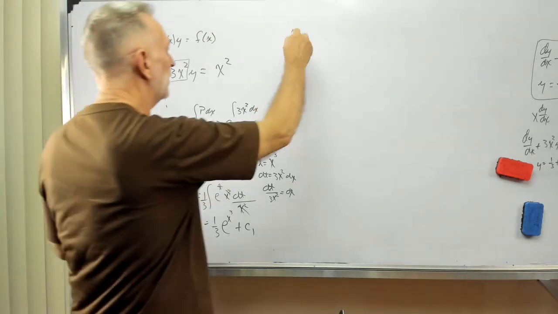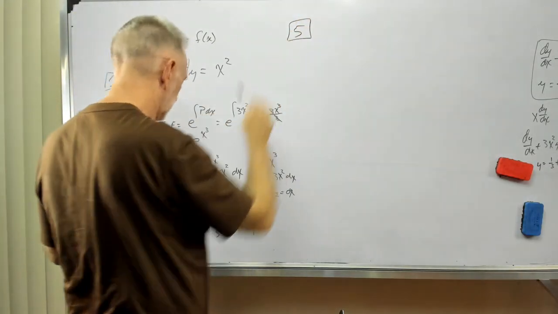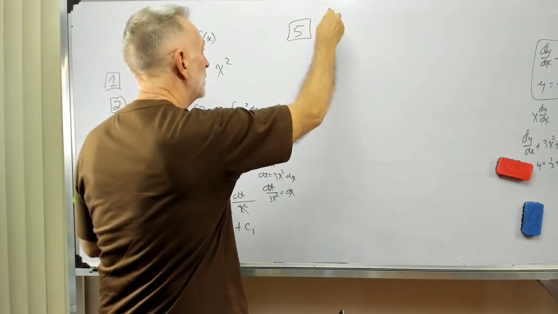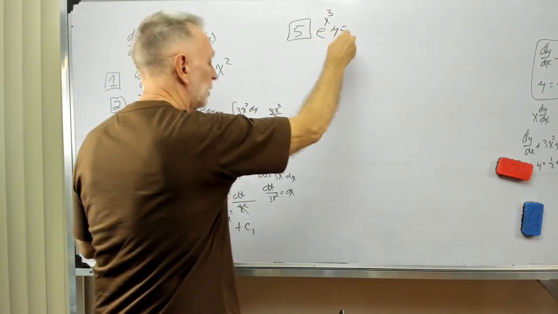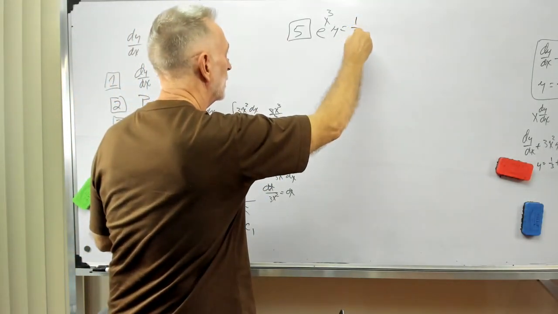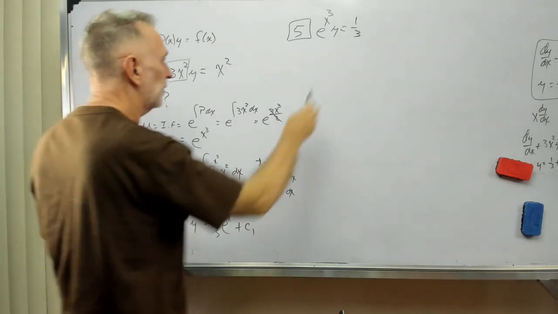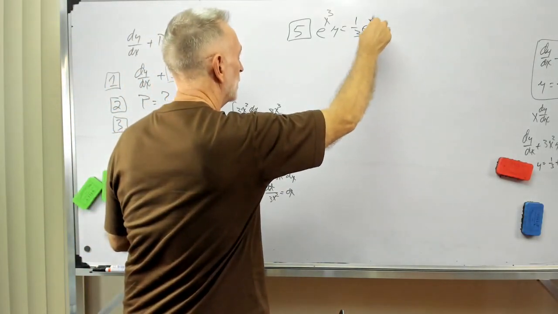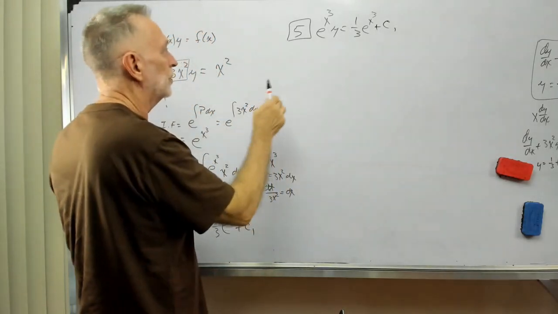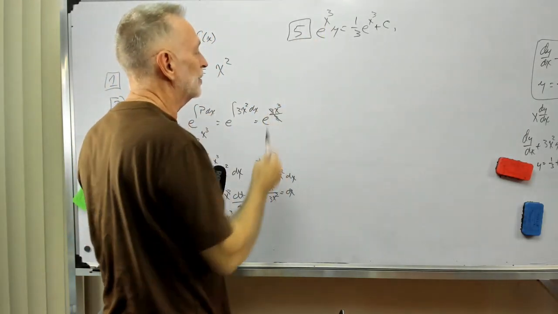Let's go to step 5. We're going to work this out. e to the x cubed y equals 1/3 e to the x cubed plus c1. Now we're going to divide everything by e to the x cubed.